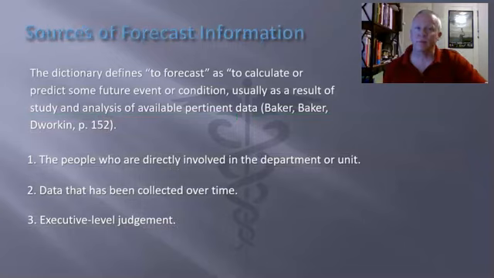Next, we will review the sources of forecast information. The dictionary defines to forecast as to calculate or predict some future event or condition, usually as a result of study and analysis of available pertinent data. As can be seen on our screen, there are three different sources of information for forecasts. First, the people who are directly involved with the department or the unit.